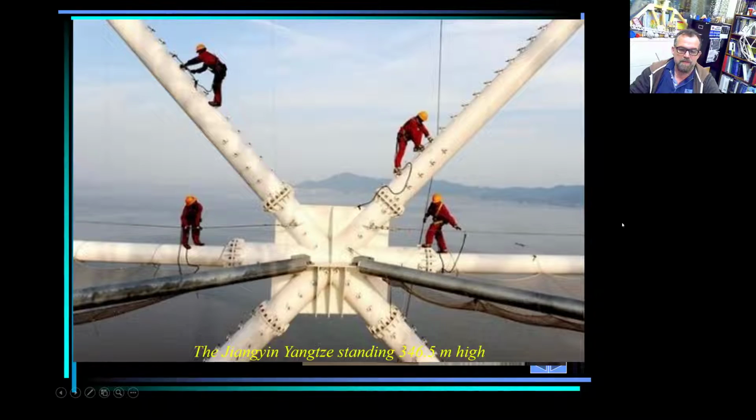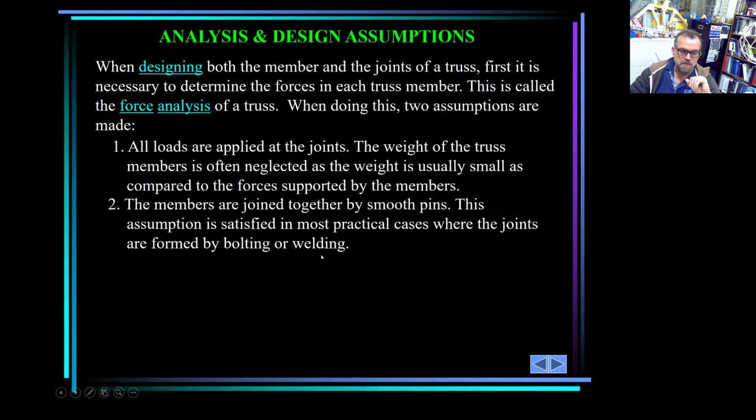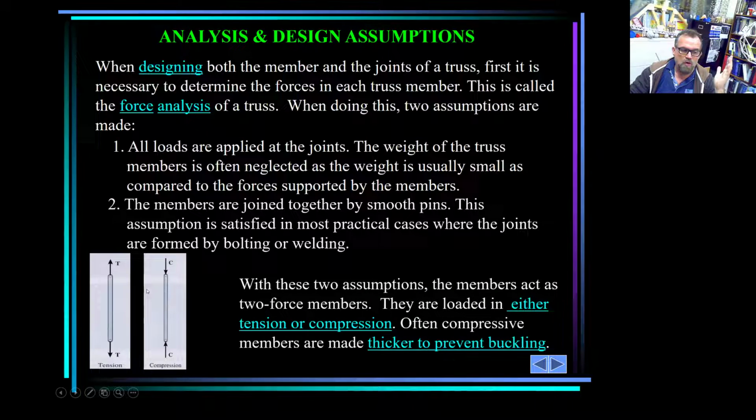So if we comply with those assumptions, plus we get the self-weight and redistribute it, then this is the beautiful thing about trusses. Because now all the internal forces in the members are going to be only in tension and compression. That's it. Tension and compression.